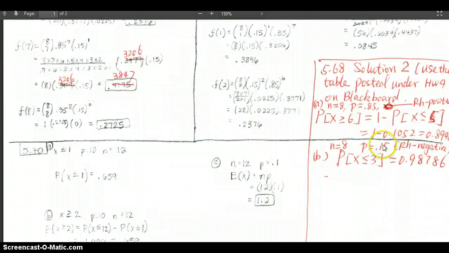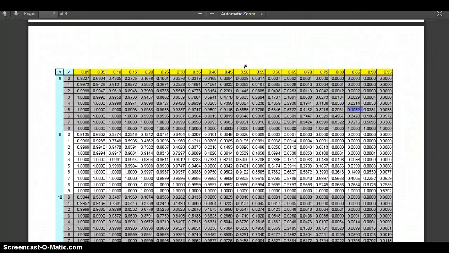So it should be 0.15 or 15%. Then we go to the table again, n still equals 8, and little x is at most 3. So I look at this row, and it's 0.0029.